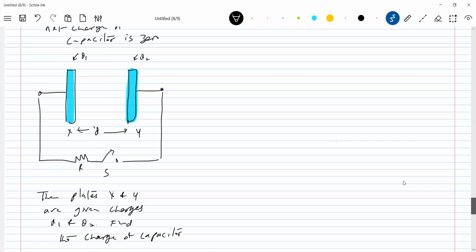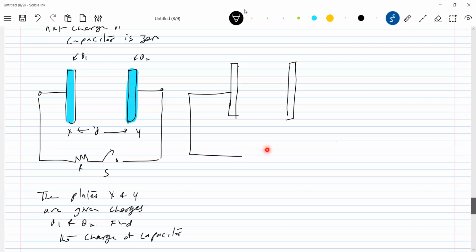What to do? We know electrostatics. Go back to Gauss law. So how will the final charge distribution be? This is the initial. I'll draw one more diagram, it'll be easy for you. What will be the charge distribution on each surface? Plates will have two surfaces.